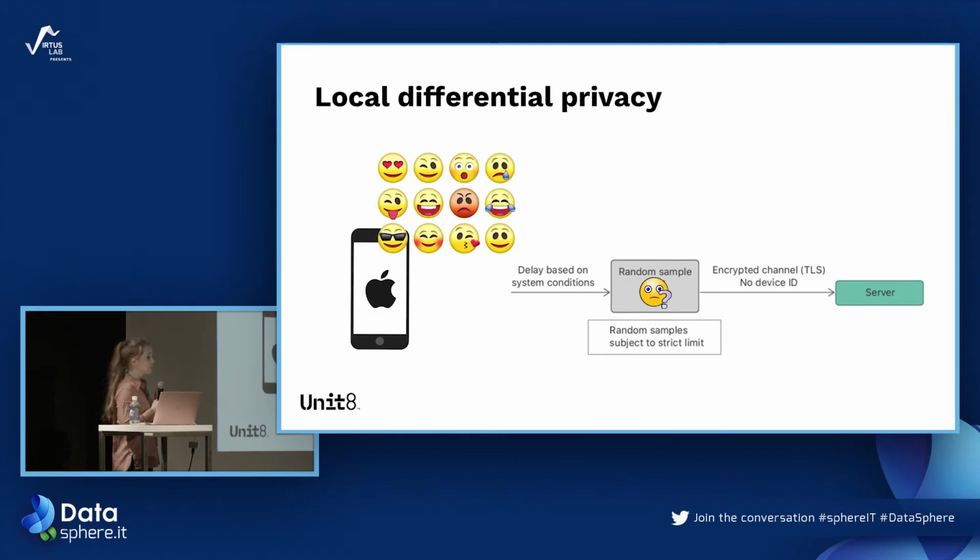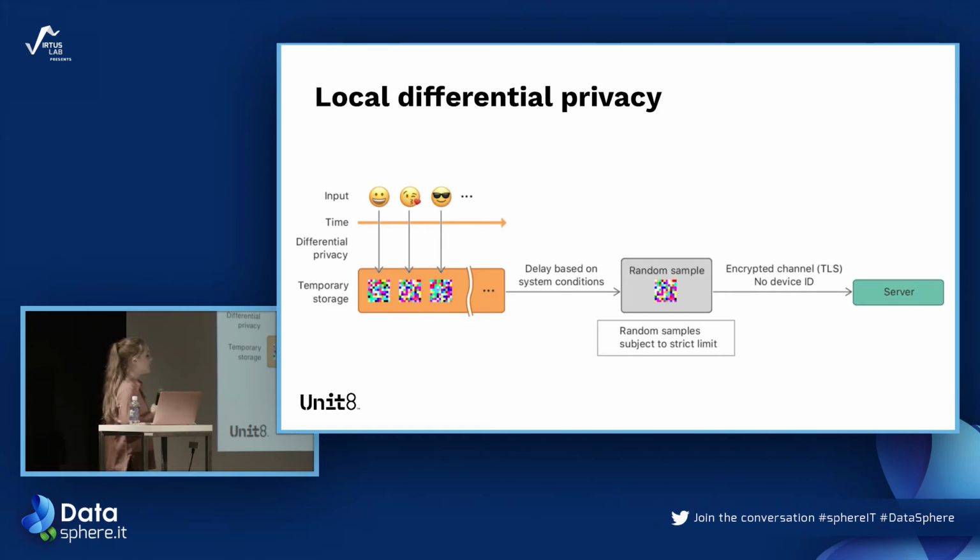Secondly, subsampling is employed. So only a random subset of each user's activity is reported. Instead of every data point that might be of interest, only a random subset is sent. And lastly, even for those records that are sent, noise is injected.